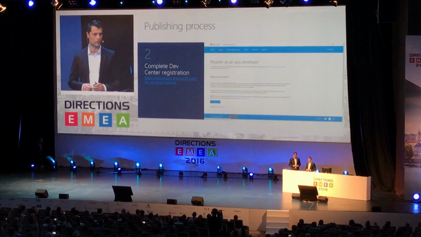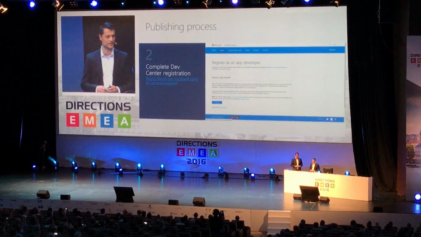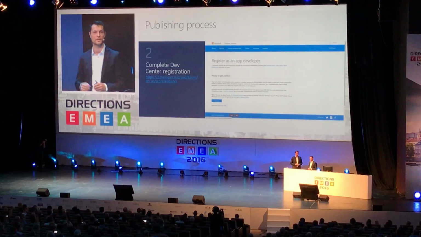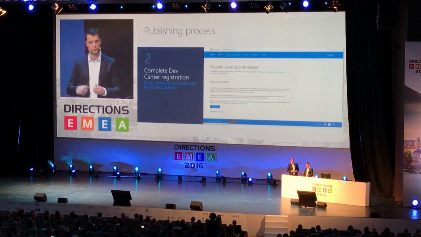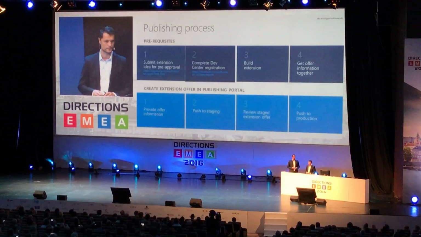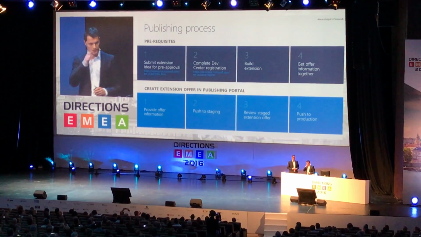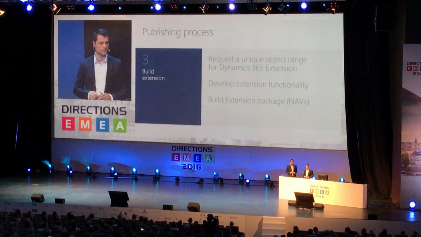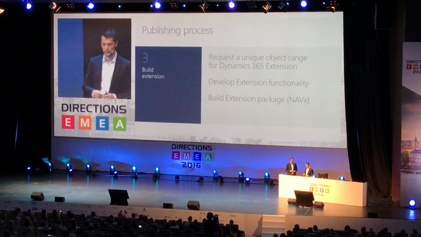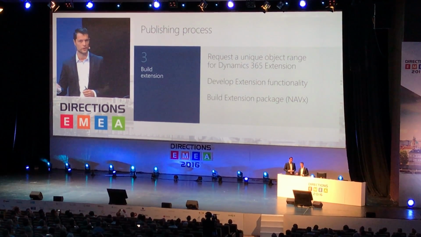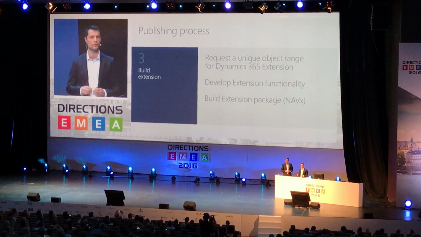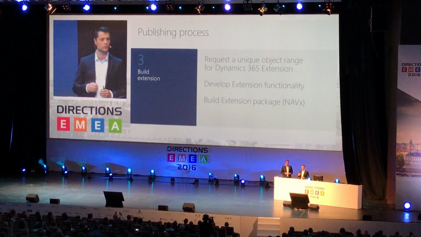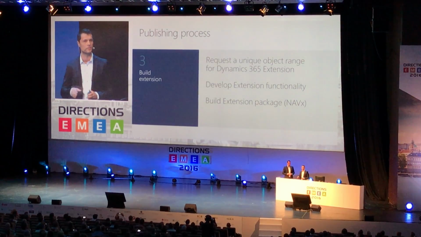Next, you have to sign up in Developer Center. You have to do that once for your organization, just to be able to submit it to AppSource. Third, you will go and build your extension. You will request an object range, which will be assigned to you in a special range that is set aside for apps on AppSource. You develop the extension functionality and build the package.